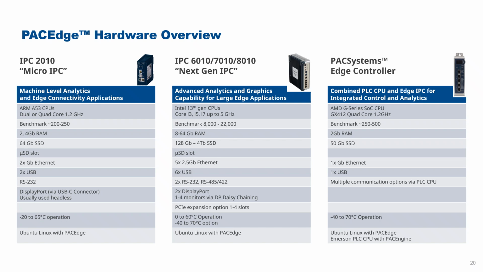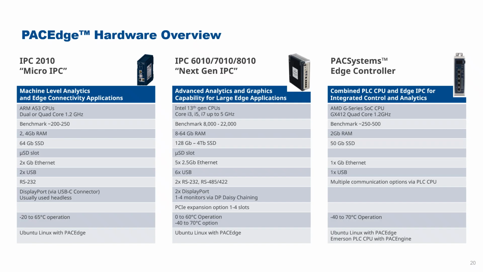Now, although this is significantly more powerful than the IPC 2010, it's not hugely more costly. You can get an IPC 6010 for around twice the price of an IPC 2010, maybe a little bit more depending on exactly which model you choose.